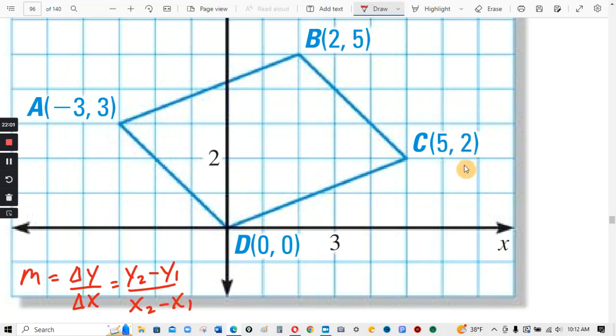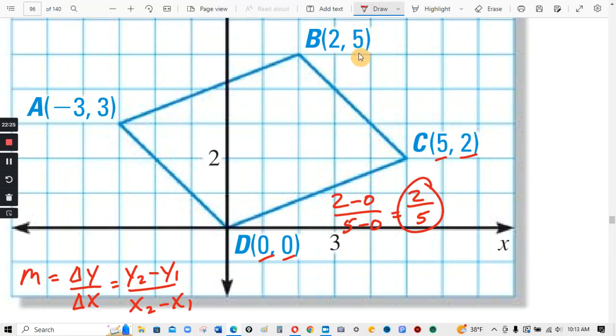On this one, I'm going to do 2 minus 0, and then for the x, I'm going to do 5 minus 0. 2 minus 0 is 2. 5 minus 0 is 5. Now let's check this one here.